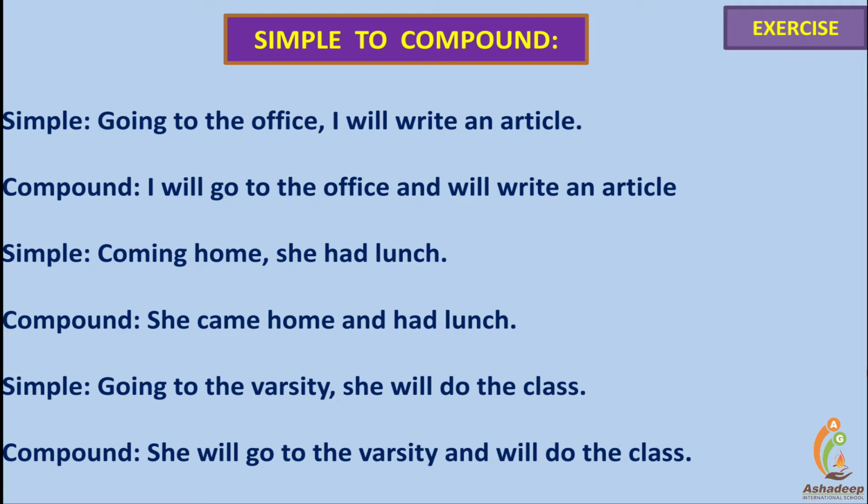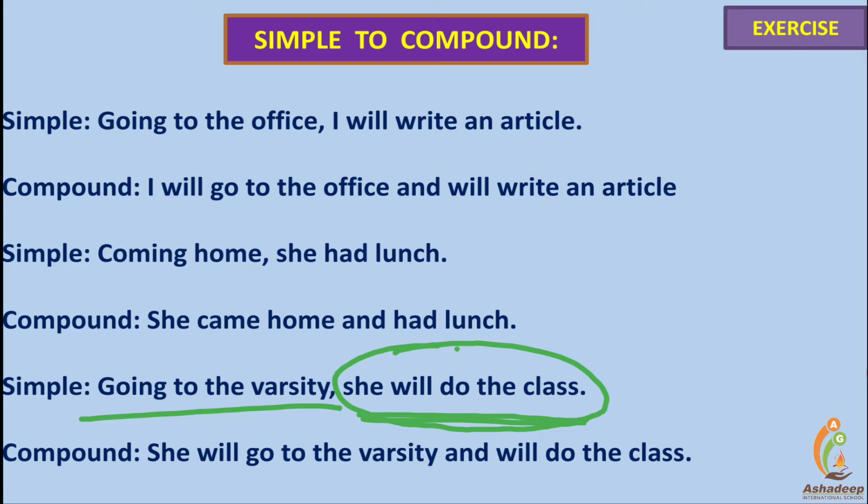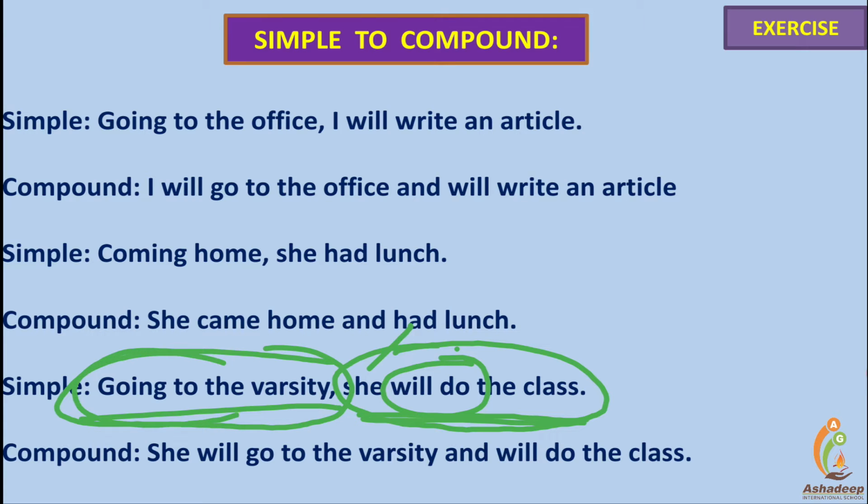Next one: Going to the varsity, she'll do the class. Varsity stands for university. She will do the class is a clause, a sentence, since it has a subject, she, and verb, will do. While the first part is a phrase, it does not have a subject.